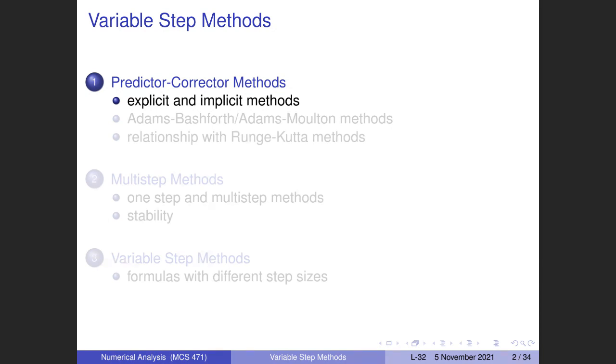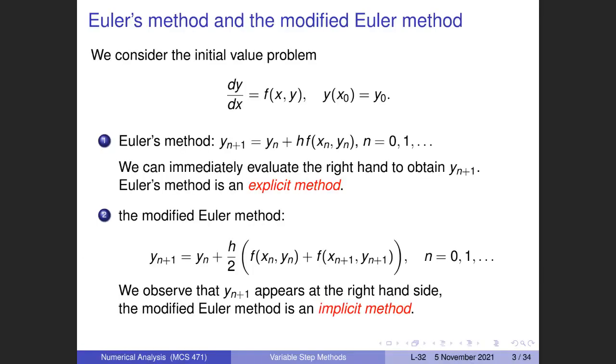So let us first define some terminology. First and foremost, we have a standard formulation for an initial value problem defined by a right-hand side function and an initial condition.